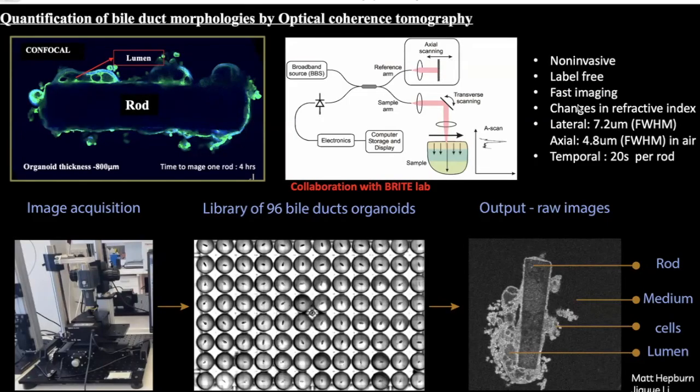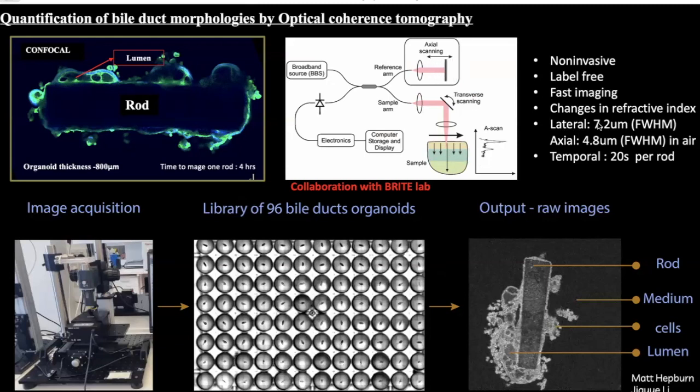It's the typical imaging technique that you use in hospitals to look at the retina, but nowadays there are ways where you can look at organoids with this OCT system. It's a sort of interferometer imaging, and it gives you the contrast of the optical index in 3D of your sample.